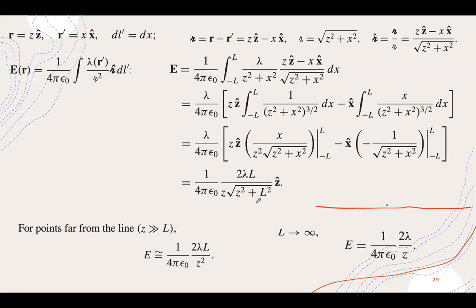Then you will see that if L goes to infinity, this term is going to give you 0, and this is going to be 1. So you are left with 1 over 4 pi epsilon naught times 2 lambda over Z.